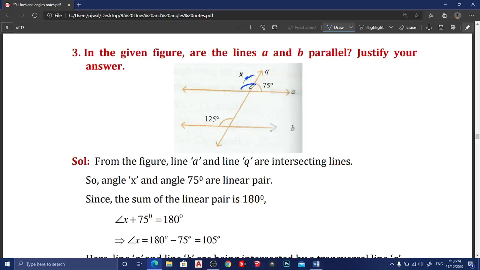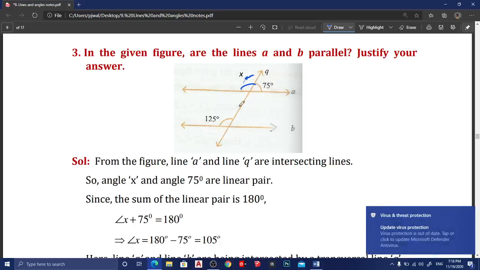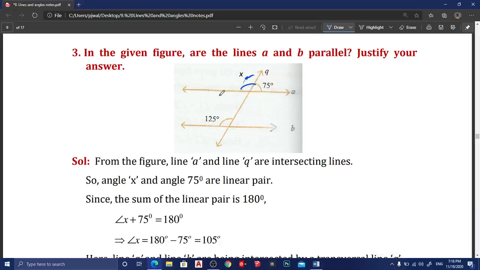Okay. So now one of these corresponding angles is given as 125 degrees. After finding the value of x, we can tell whether these two angles are equal to each other. So we have to find the x value, and you know these two angles are a linear pair because this is a straight line and this line is intersecting it.